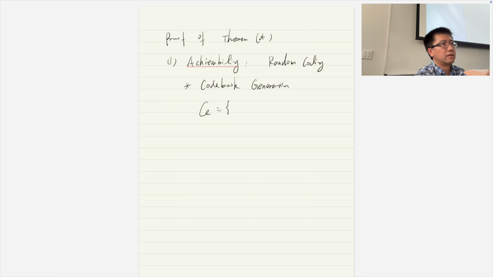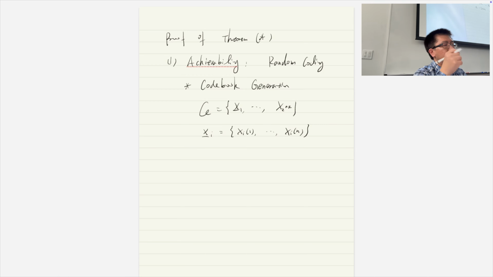So here we do the same thing. We generate the code in an IID fashion, so we have x1 up to x_{2^{nR}}, and for each element of each codeword we generate it IID. For example, for xi we have xi1 up to xin.